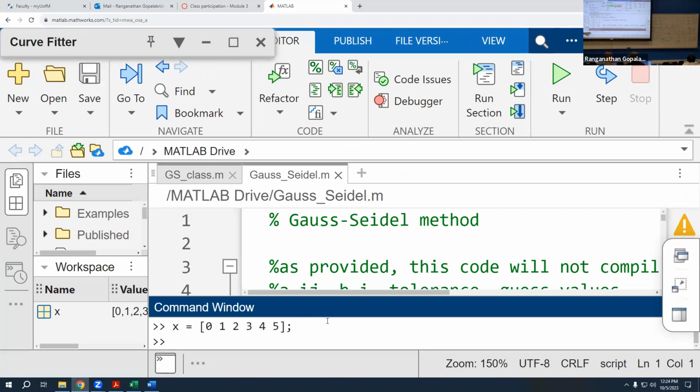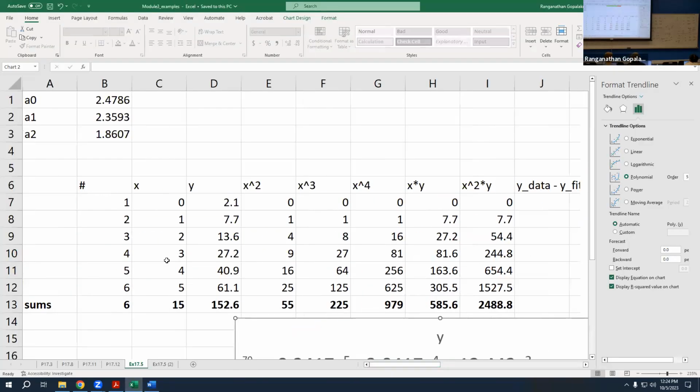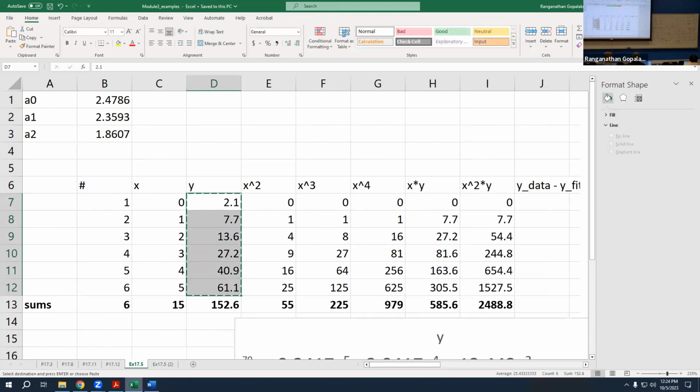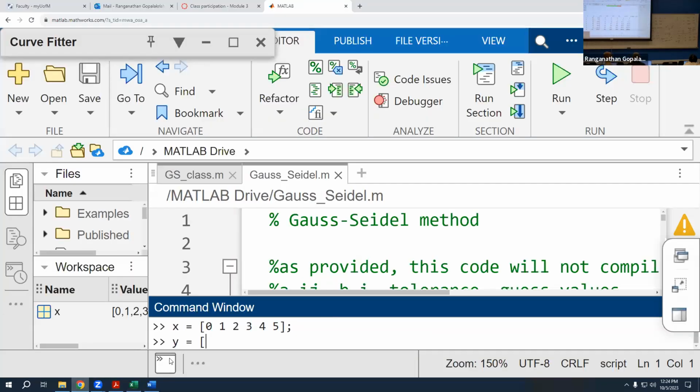So for those who are not already familiar with MATLAB, go to the command window, type x equal to this, and also y equal to the data that we just handled, which is y equal to 2.1, 7.7, 13.6, 27.2, 40.9, 61.1, and press enter. So please do this. I'll give you a minute to open MATLAB.